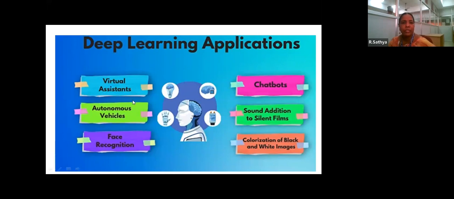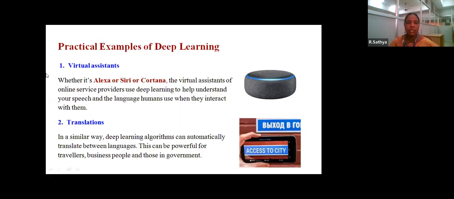You apply deep learning for face recognition, autonomous vehicles, and adding sound to silent films. These are some of the real-time applications of deep learning. And look at that. You just see the picture, you can learn by yourself. Visual assistants, almost all of you would be having it.